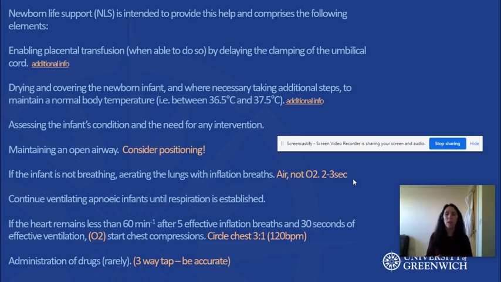So looking at if the breathing's effective, looking at if the heart rate's effective. When it comes to heart rate in the baby, you're probably going to have to do this with your stethoscope. So you're going to be listening to the heart rate and trying your best to work out what it is. Now, a brand newborn heart rate is probably going to be over 150.